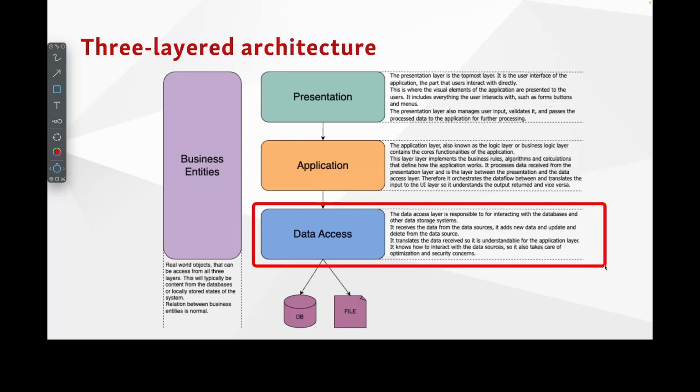That could be a file, that could be some kind of database. So it knows how to connect to these files or databases to receive data from the external data source. It is also translating data received from these data sources so that it is understandable for our application layer.